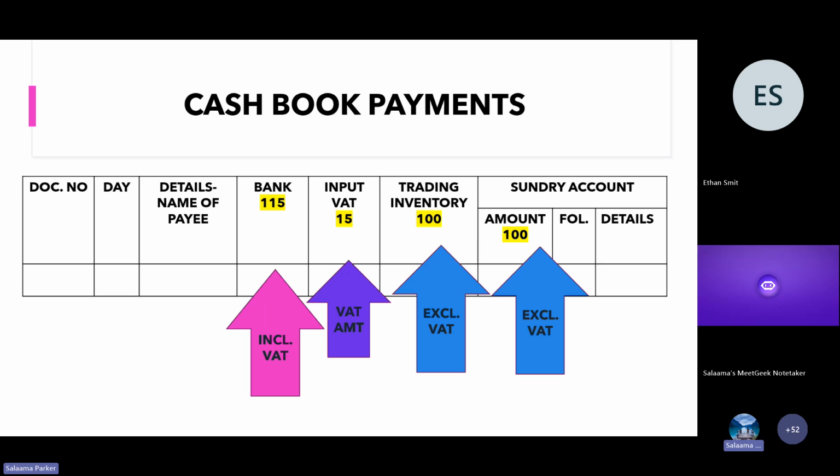And then it could be trading inventory, and you could even have other additional column headings in your answer book, all depending. And then you have your sundry accounts. Again, just take note where you have to calculate inclusive and exclusive VAT. And we have identified our transactions already.